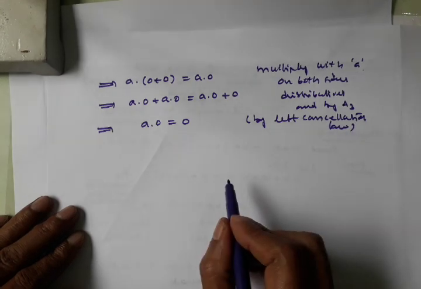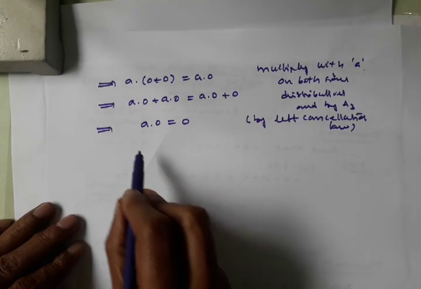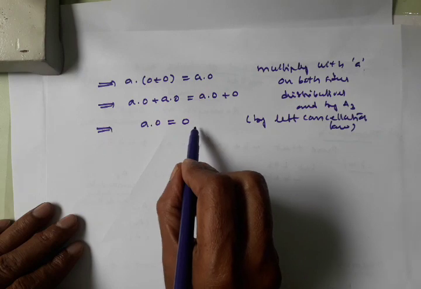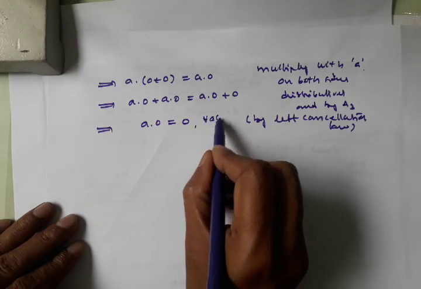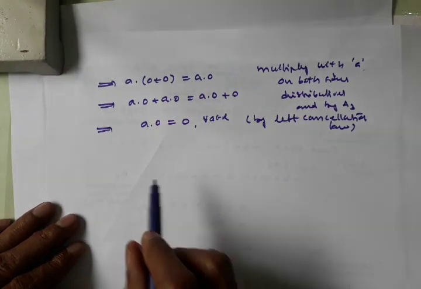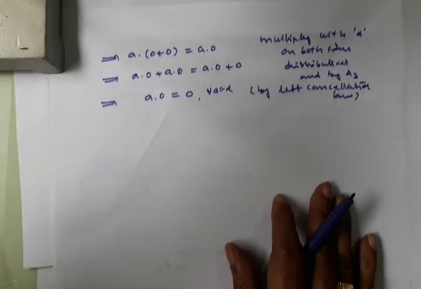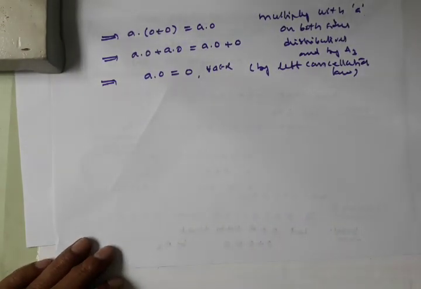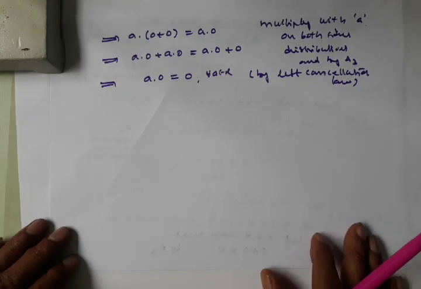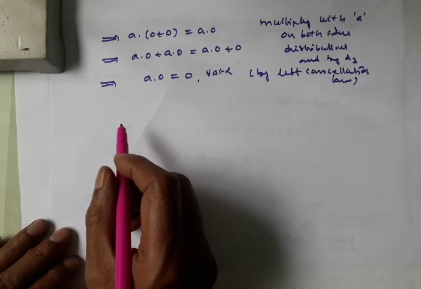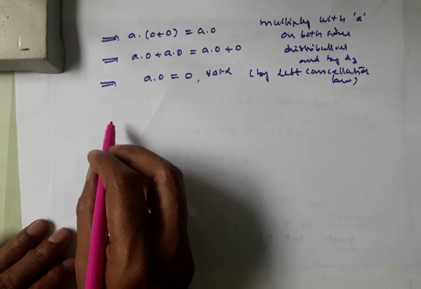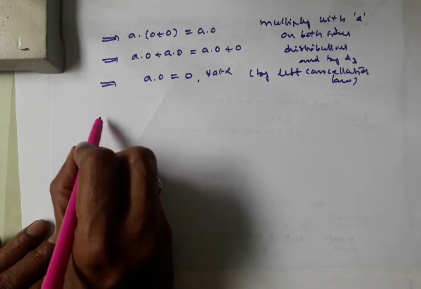So that they are asking here, for all a belongs to R implies a into 0 is equal to 0. So only applications of the properties of real numbers to prove all these theorems.